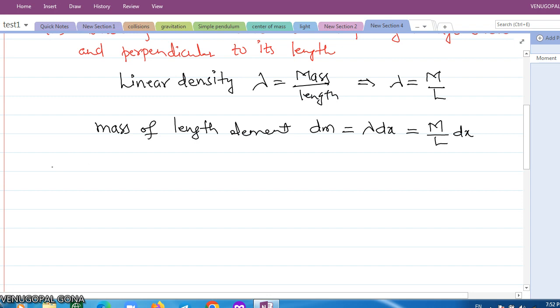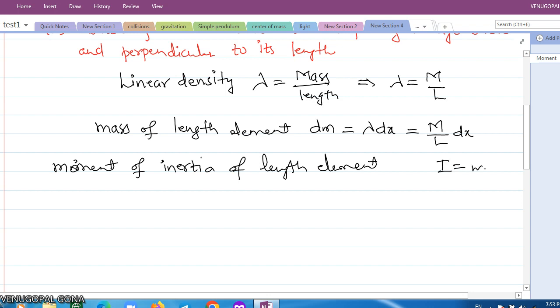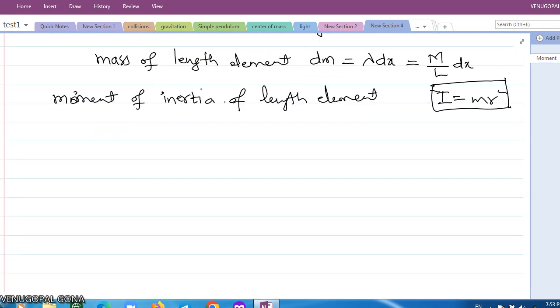What is the moment of inertia here? The general formula of moment of inertia, which you have to remember, is I equal to mr square, where m is the mass and r is the perpendicular distance from the axis of rotation.